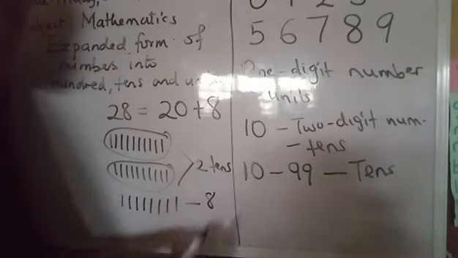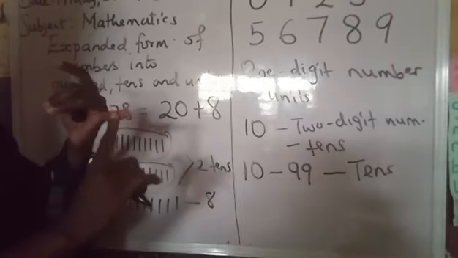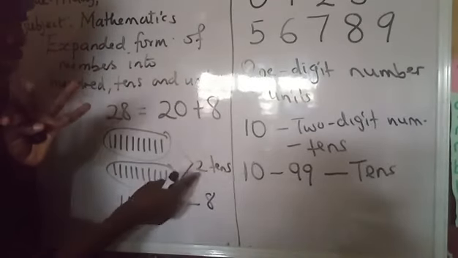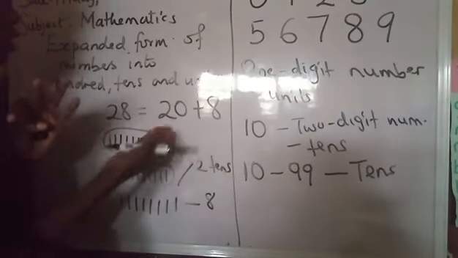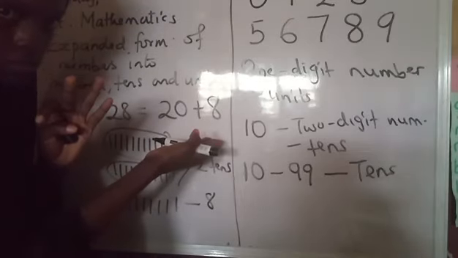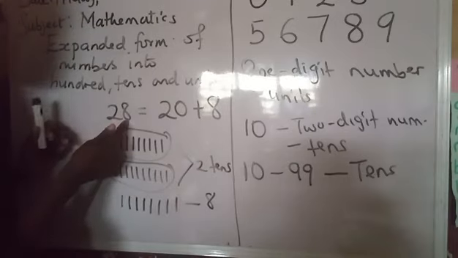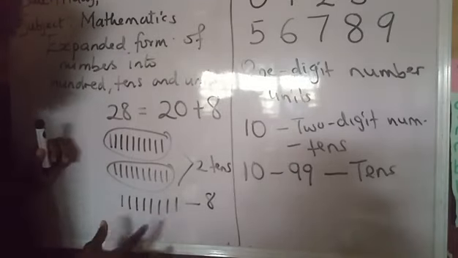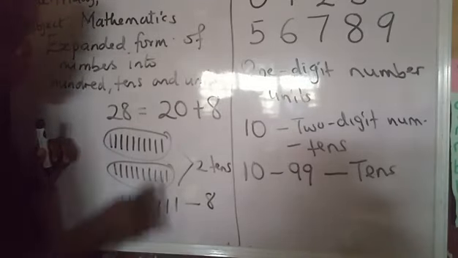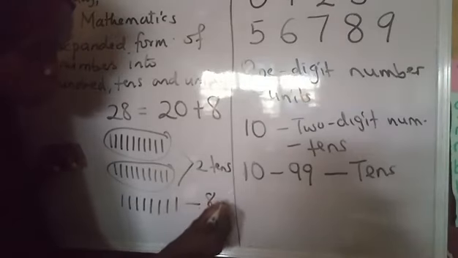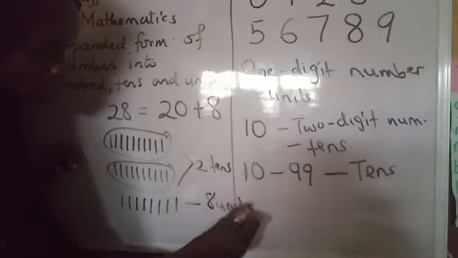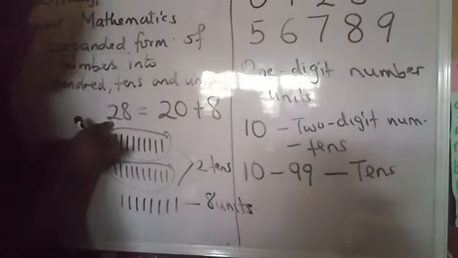And remember, two tens means what? 10, 20. 20 and 8 will give us what? 28. So when you are asked what is the place value of 8, the place value of 8 can be found through this counting to show that 8 belongs to the group of units, which is not up to 10, while 2 belongs to the group of tens.